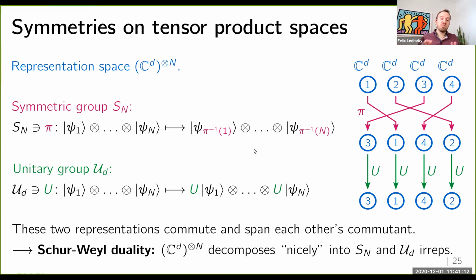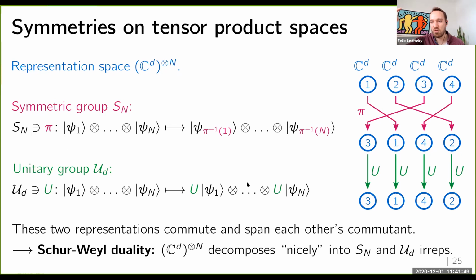And what's more, they don't just commute, but they actually span each other's commutant, which is something I don't want to explain in detail, but just in short, a commutant is the set of all operators that commute with a certain set. What I mean by spanning each other's commutant is, if I have an operator that commutes with all unitaries that come from the symmetric group action, I know it's going to be in the span of unitaries acting in this way, okay?